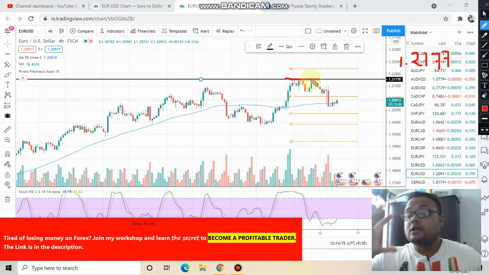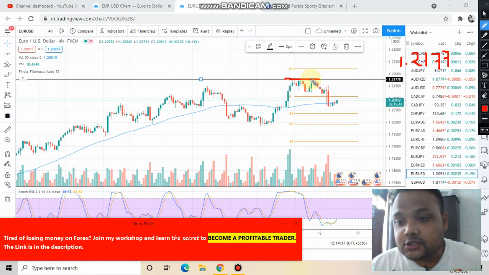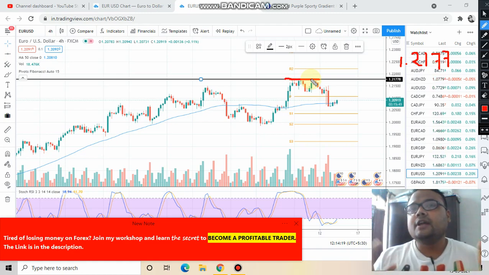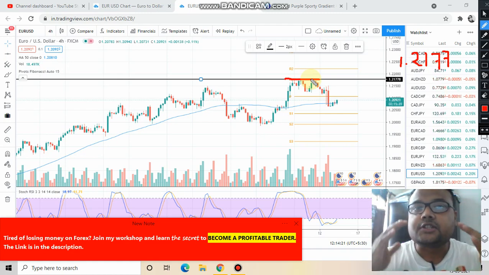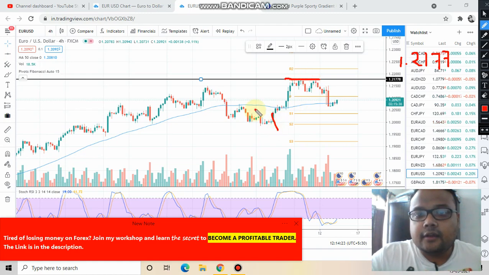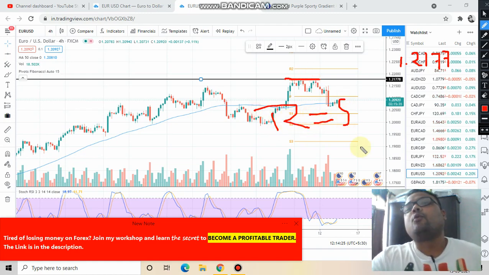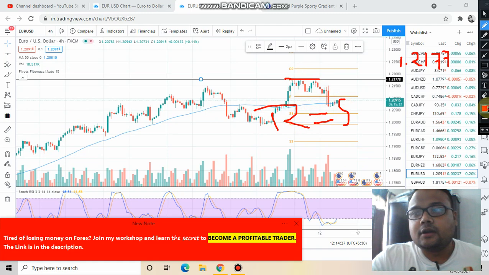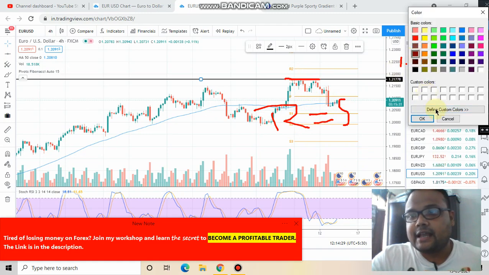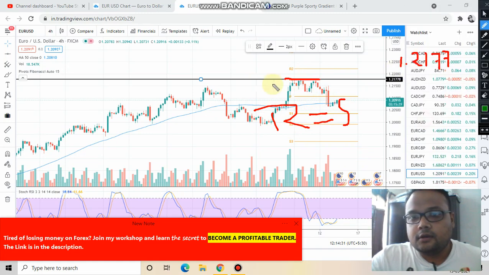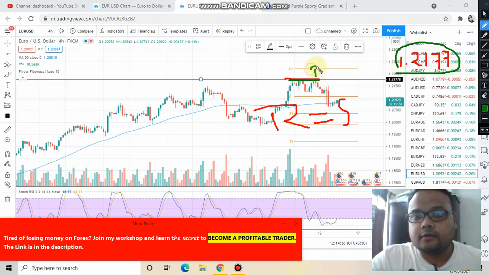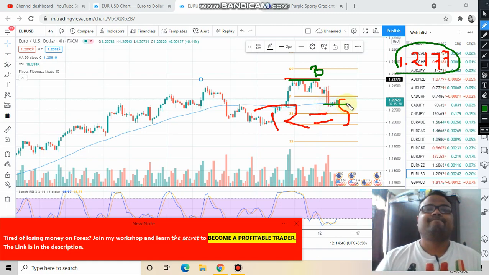Just try to see how the market is doing. If you see that the market is trading comfortably after 3 to 4 hours, the market is not struggling, and the resistance has become the support, then you can go for a buy order just above this line, or this resistance at 1.2177. Otherwise, you can go for a buy order right here also.